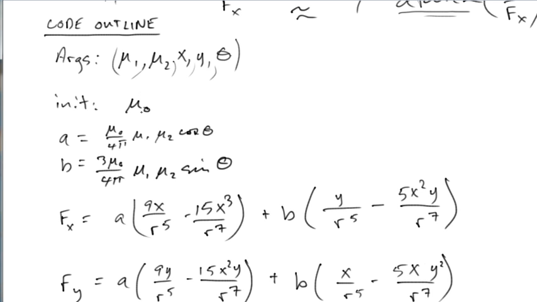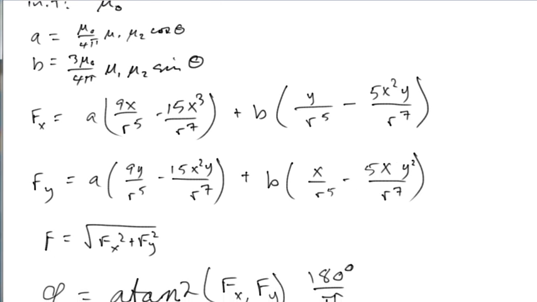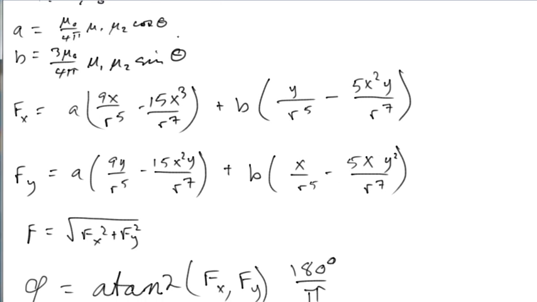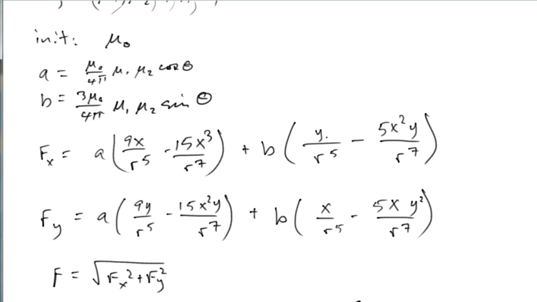So this is my code outline. Get those arguments, initialize that variable. I've got to look up what mu0 is and plug it in, and then get a value for A, a value for B, and then here it's all plug in. Oh, I have skipped one step. R. We used R as well.